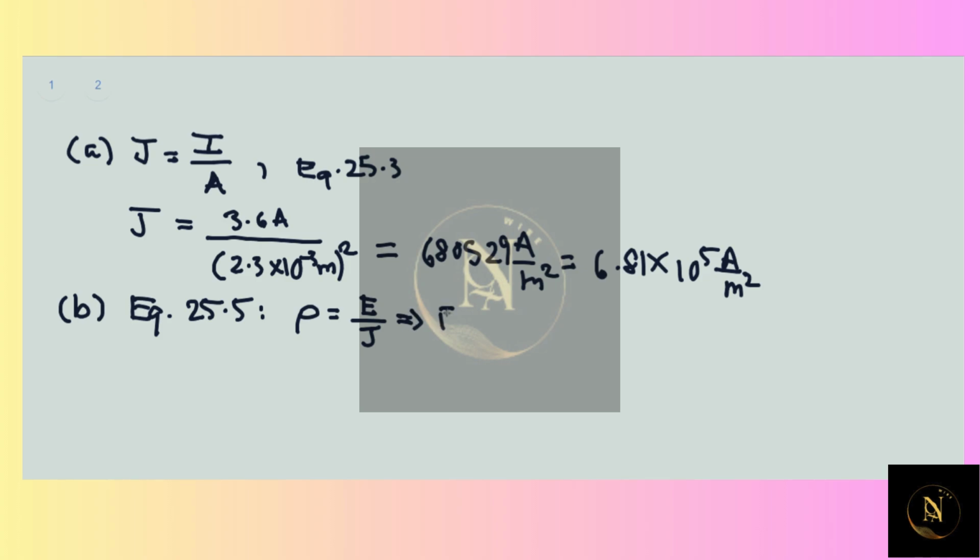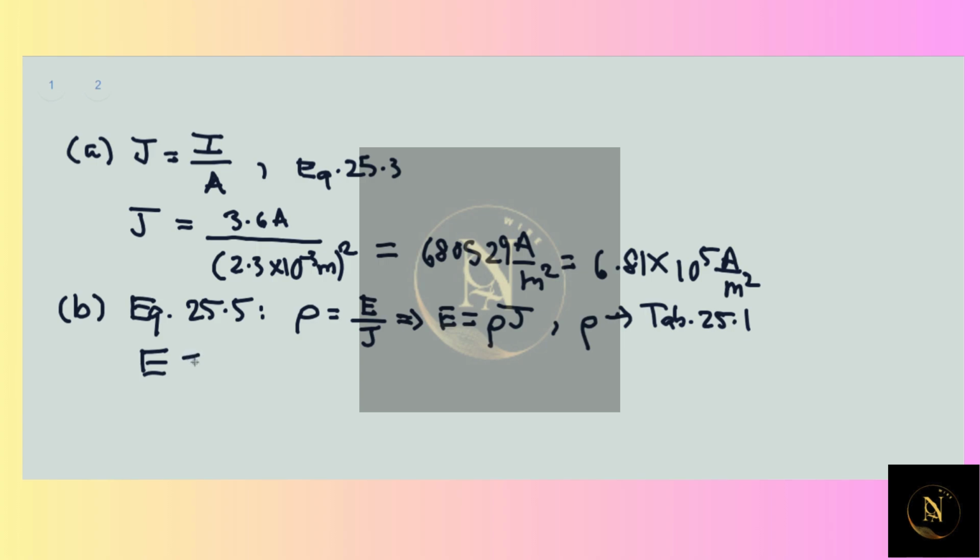So then the electric field is the resistivity times the current density. Now you can find the resistivity of copper in table 25.1, and the current density you just computed in part A.